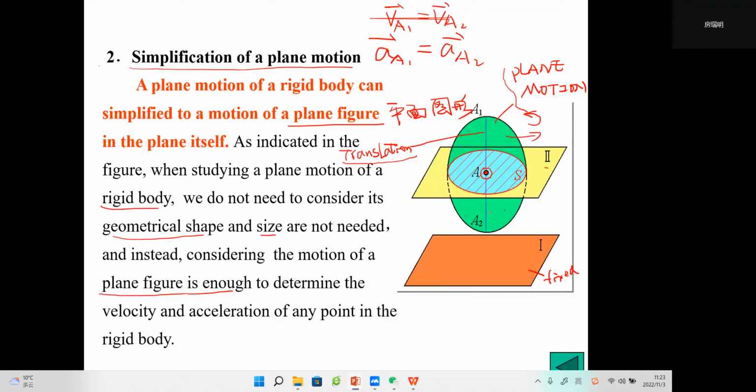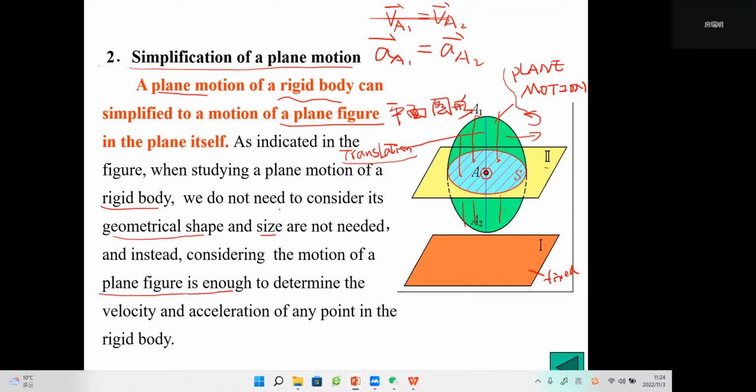Since we can draw a lot of this kind of line, until all these lines' intersection points fill the whole section, we only need to study this plane figure, because it can totally describe the plane motion of a rigid body.